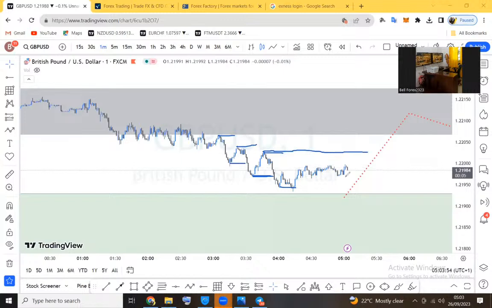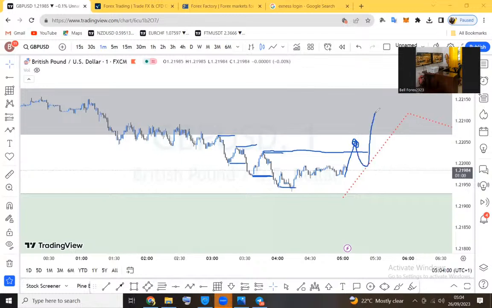When this market breaks this structure, I'll confirm a possible rise in price into this structure. Same way, if the market gets there, I'm going to confirm, because when this market is going up, it's going to create these structures as well. I'm going to make sure I use a structural break to confirm a change in trend.